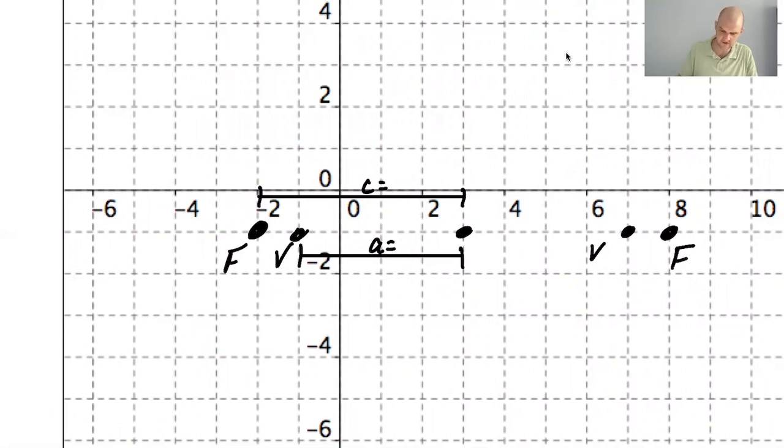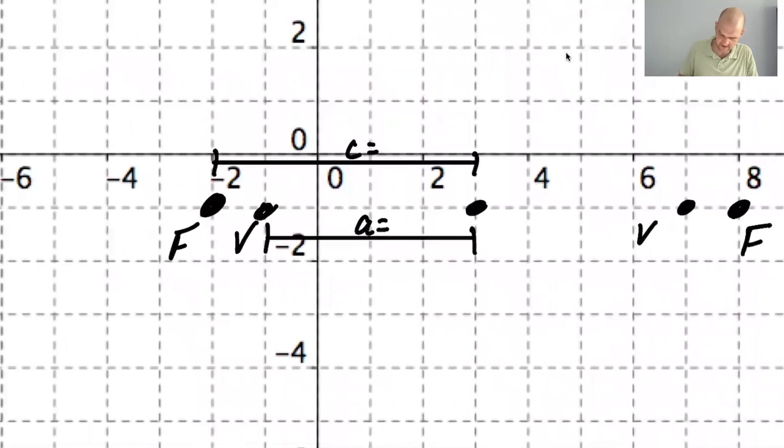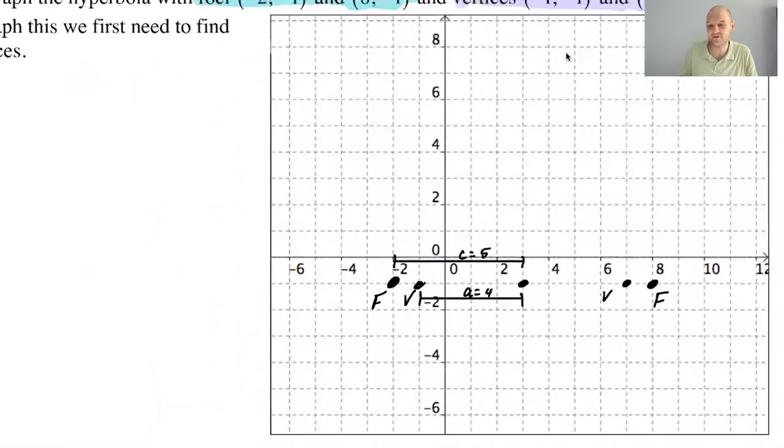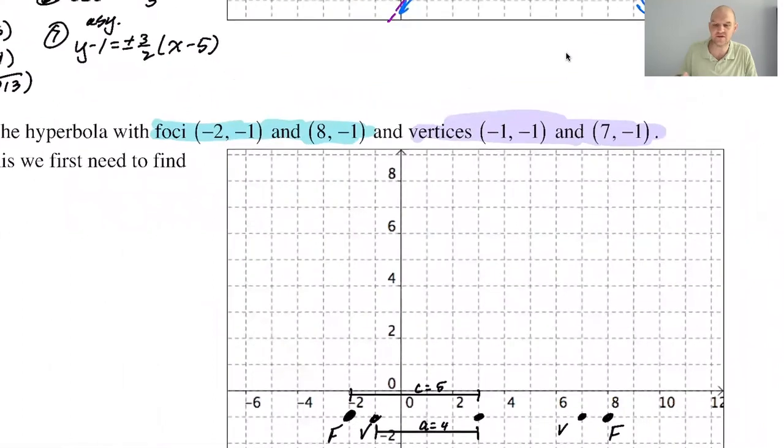Am I frustrating to watch? I bet I am. I might not have made that mistake if I had done it algebraically: from -1 to 7 is 8 and half of that is 4, and from -2 to 8 is 10 and half of that is 5. I think that algebraically it's easier to figure them out. However you do it.